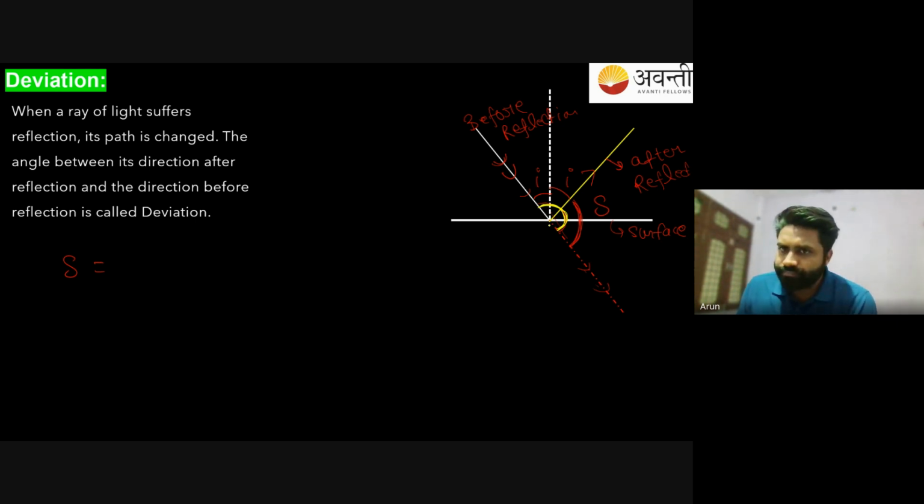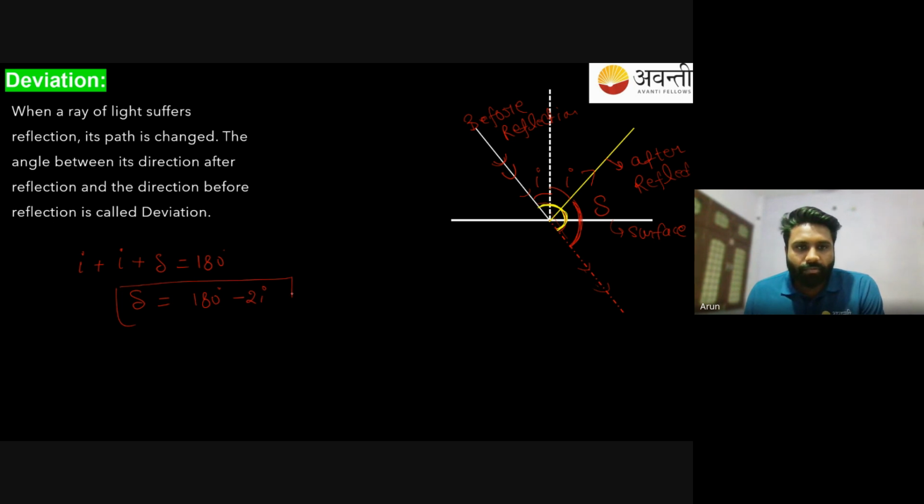All of you are aware of this. So we are going to write the relatable terms in terms of 180 degree: angle I plus I plus delta is equal to 180 degree. If you have any doubt, you can ask. What is the value of delta then? It is 180 degree minus 2I.